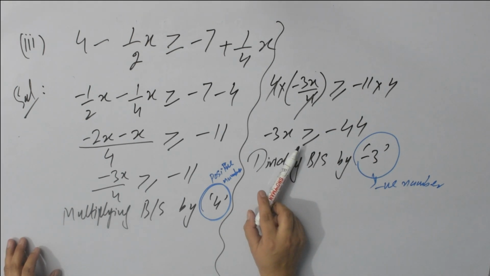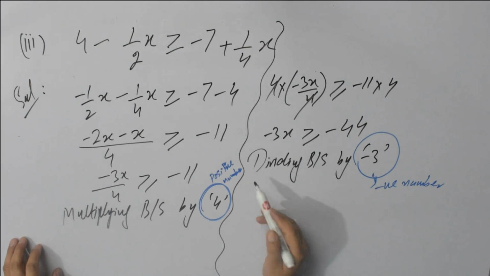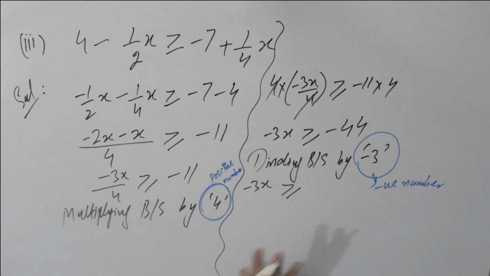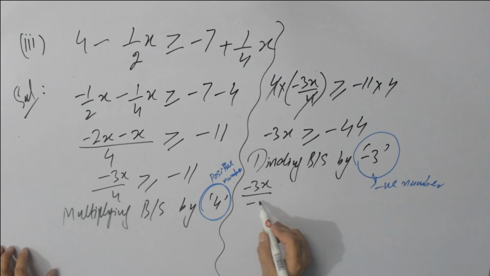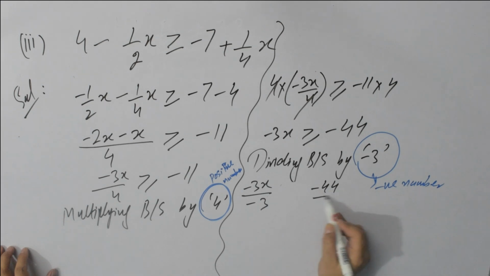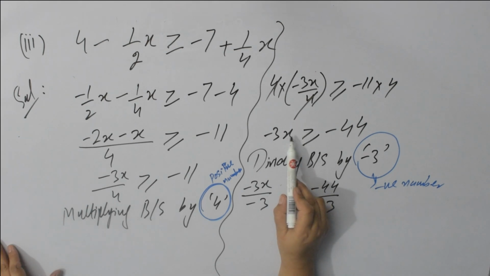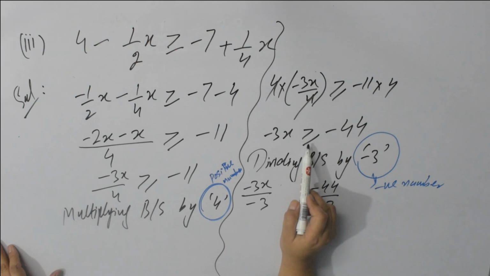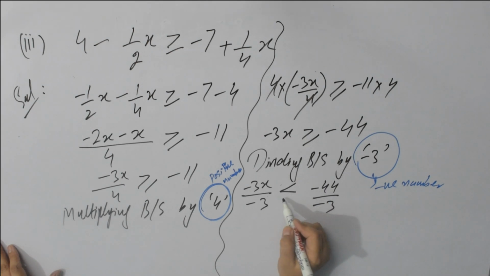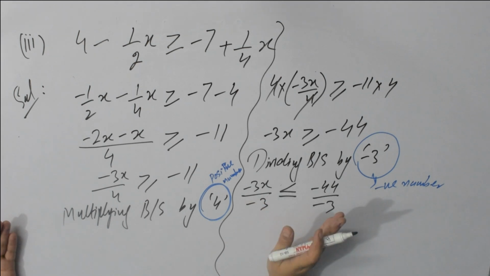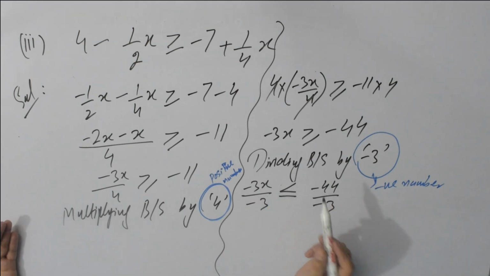Because here you have to change the sign, right students. So -3x by -3 and -44 by -3, and this greater than sign of the inequality will change into less than, it will be reversed. Greater changes into less, less changes into greater, okay.